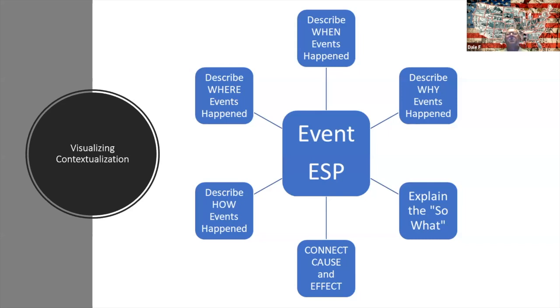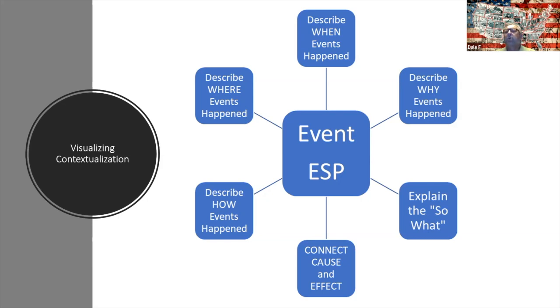Here's another way of thinking about contextualization. So in the middle, you have the event, and you think about it. If you take the Federalists, for example, and we talked about the economic significance, social significance, and political significance. But now if you see how you can make those connections, now you understand how to contextualize. Contextualizing is taking, for example, the Federalists. As a result of the Federalists, what did they do? What was the cause and effect of Federalist action?